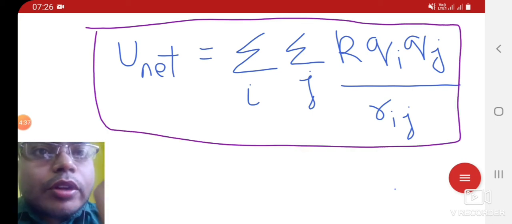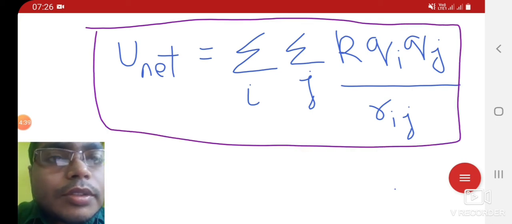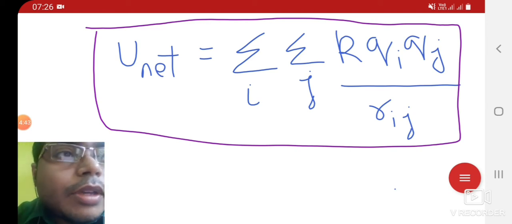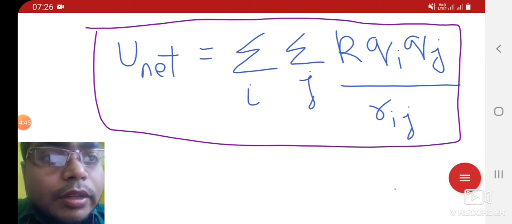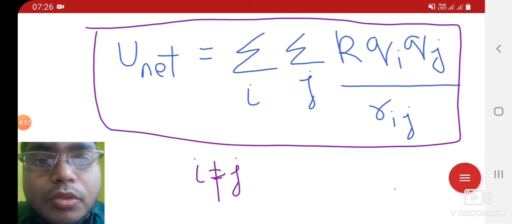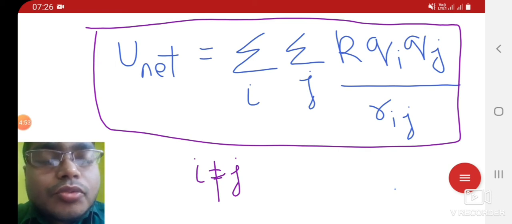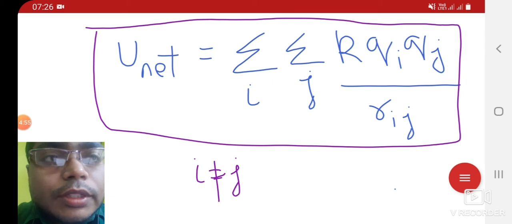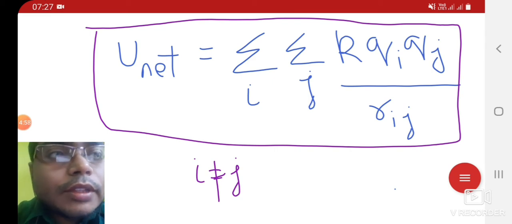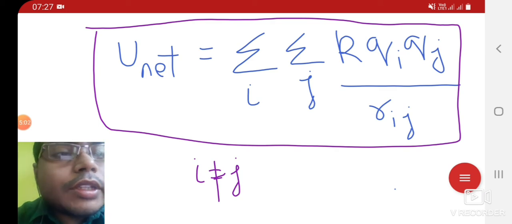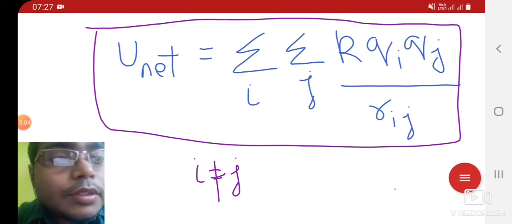This is a very important relation; we have to apply it in solving numericals. One more important thing: i is not equal to j. If i is equal to 1, then j has to be equal to 2, if i is equal to 2, then j has to be equal to 3, and so on. So this is the net electrostatic potential energy for a system of charges.